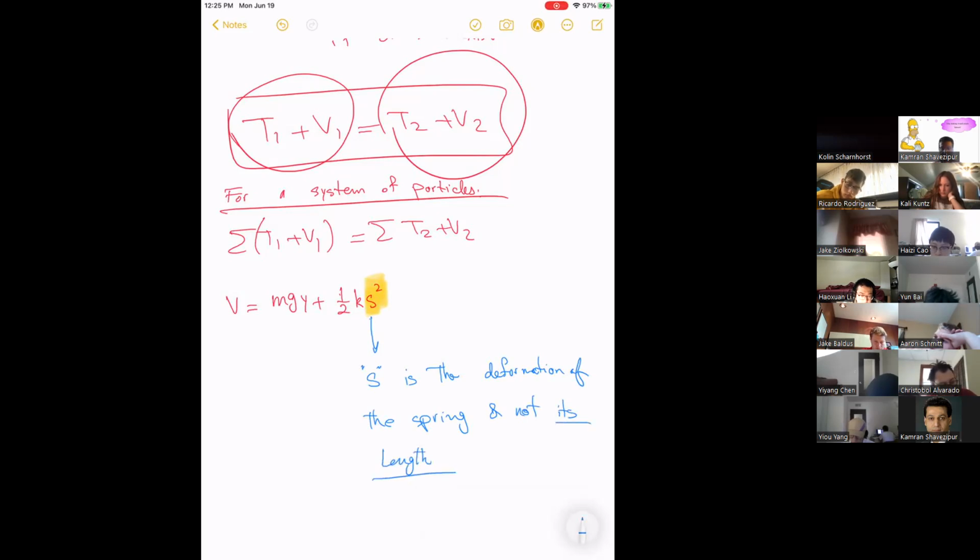Okay, it's not the length, it's the deformation. It could be compressed or expanded, because this is s squared, so compress or expand doesn't matter, it's just the same. Any question?